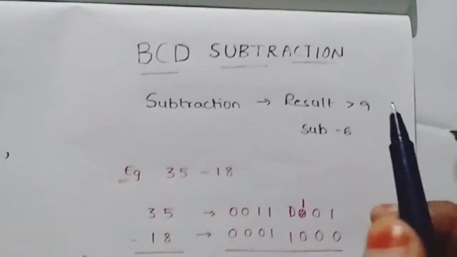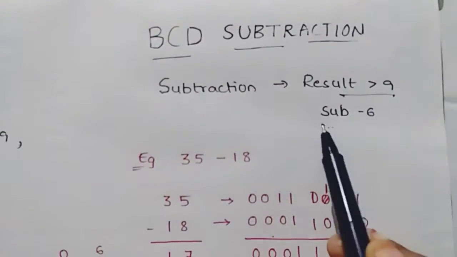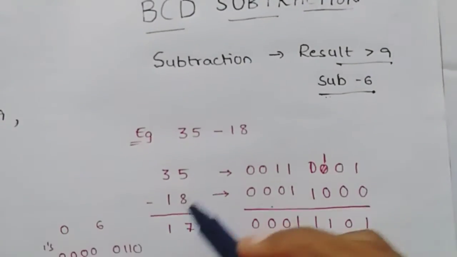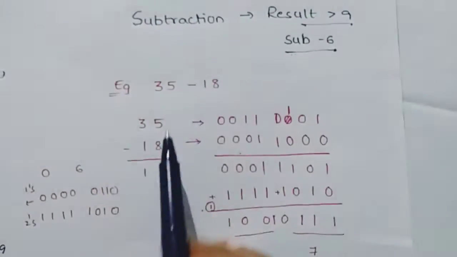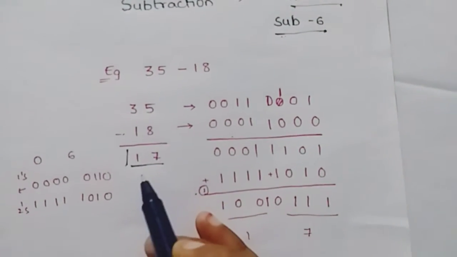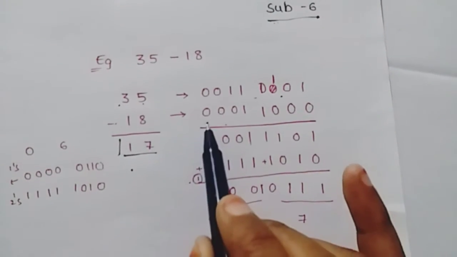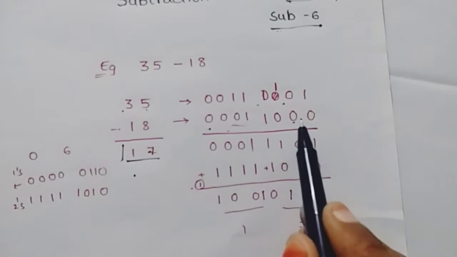Now we will see BCD subtraction. In subtraction, if the result is greater than 9, we subtract 6 from the given digits. Let us see 35 minus 18. With normal subtraction, we get 17. So convert 35 into binary, and 18 also to binary.